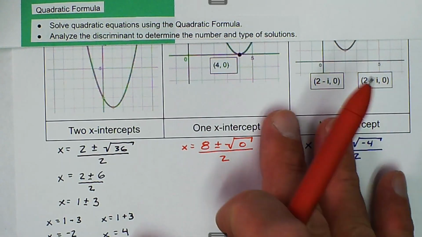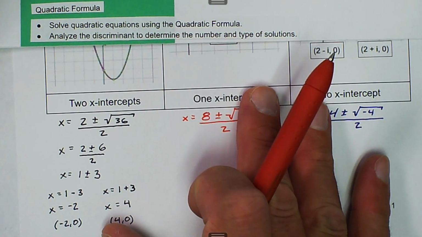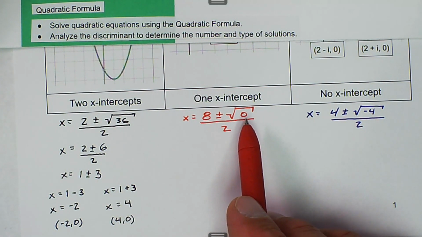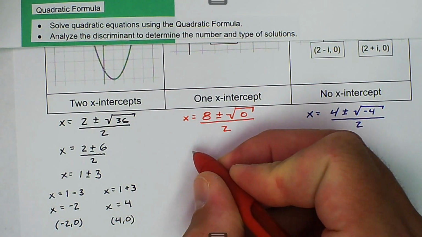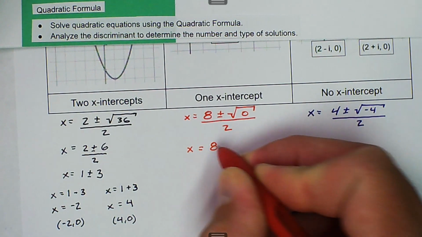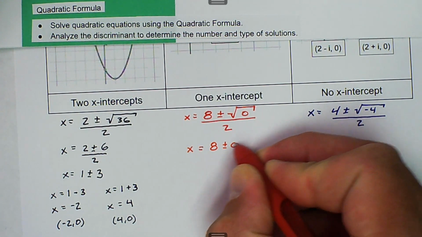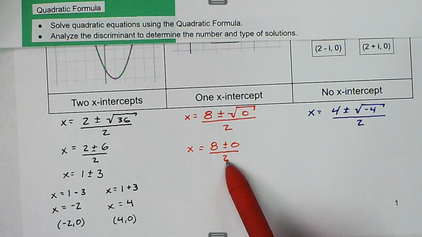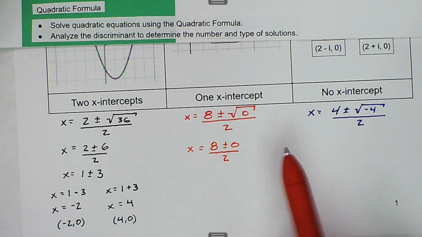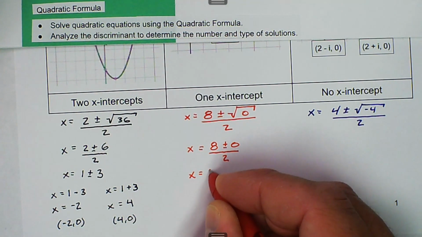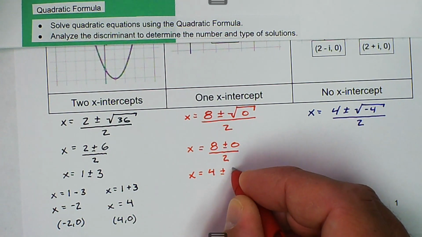So here we have x equals 8 plus or minus the square root of 0. And in this case, we know that the square root of 0 is just 0. So we can rewrite this as x equals 8 plus or minus 0, divided by 2. We know that 2 divides into 8, and 0 divided by 2 is still 0. So we get x equals 4 plus or minus 0.